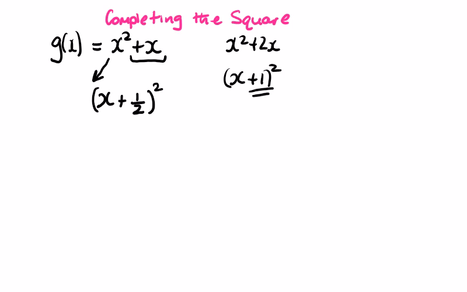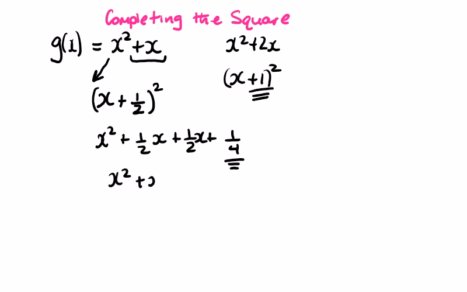Now we'd have another number here that we don't want. So to get x squared plus x, you'd have to have x plus a half to be squared. This would give x squared plus a half x plus a half x plus a half by half, which is a quarter. I think we've mentioned the quarter already. So don't forget your x, that's x squared plus x plus a quarter.